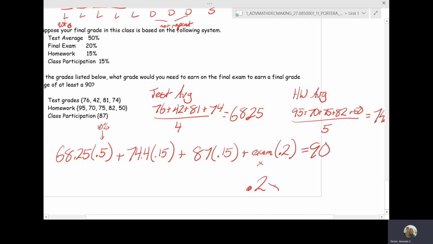I can't do much with it, 0.2x, but I can multiply these other things. So 68.25 times 0.5 is 34.125. I'm going to actually multiply each one of these things by what it's supposed to be multiplied by.